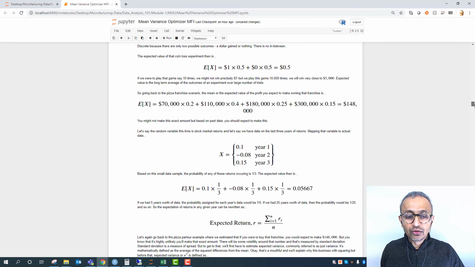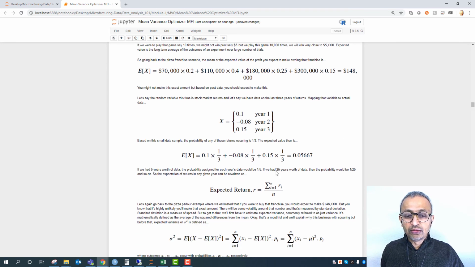The likelihood, or the probability, of any of these returns occurring is 1/3, because you have only 3 data points. So 1/3 of the time you have this, 1/3 of the time you have this, and 1/3 of the time you have this.